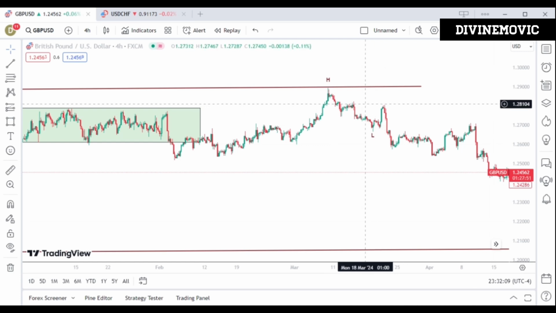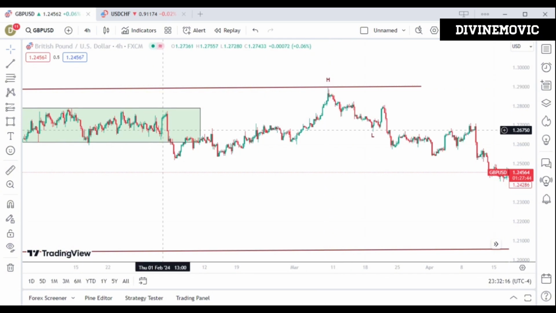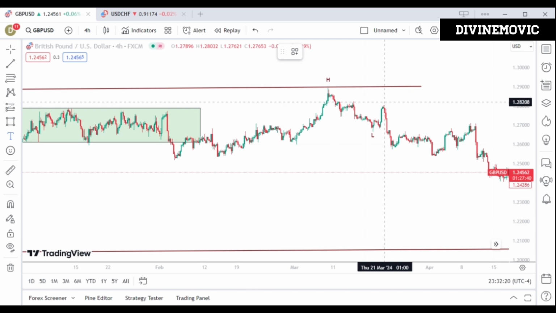Why? Because it wasn't able to break above this high that price gave us when price created the resistance key level. So this point now becomes a high, but it is lower than the previous swing high, so it becomes a lower high.